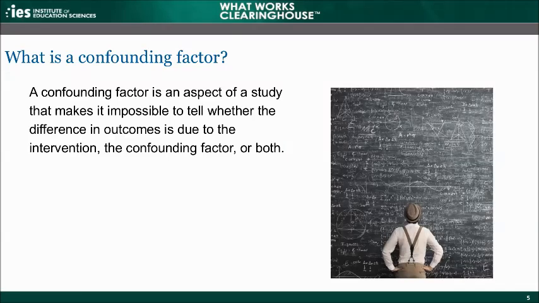Nevertheless, when applying this definition, it is important to decide whether there is sufficient information reported in the study to evaluate whether a confounding factor could plausibly affect the outcome in the absence of the intervention. Said differently, there must be sufficient evidence rather than inferences or assumptions that a confounding factor exists. Next slide, please.